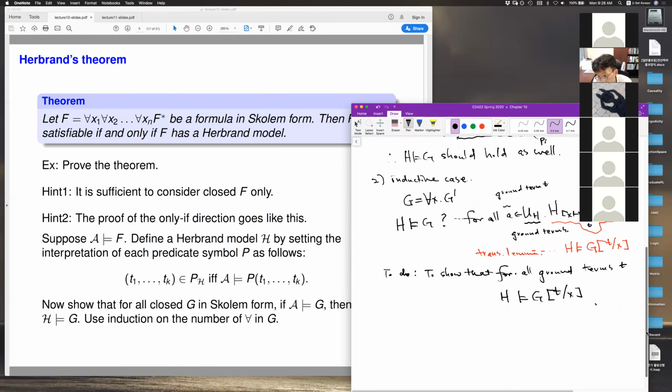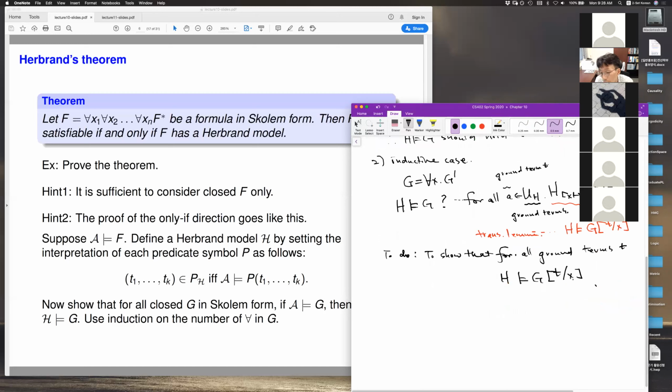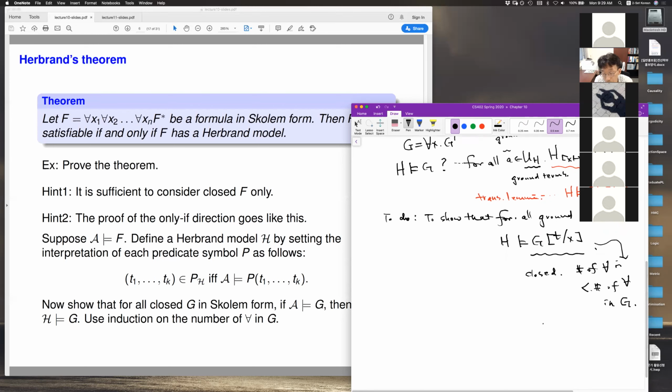Now, G prime where X is replaced by T is again closed, and the number of universal quantifications in this formula is one less than the number of universal quantifications in G. So this is a situation where we can use the induction hypothesis.